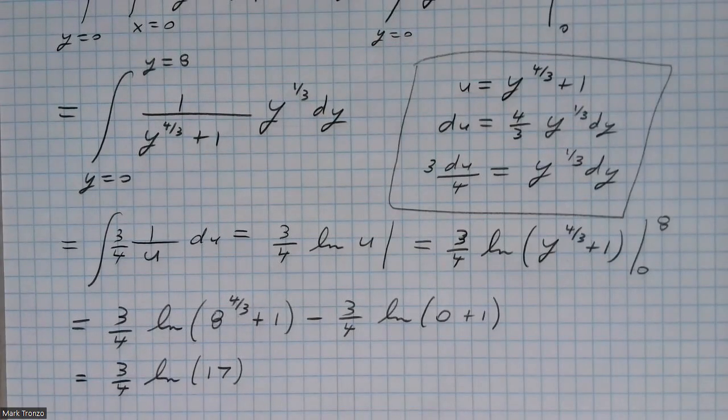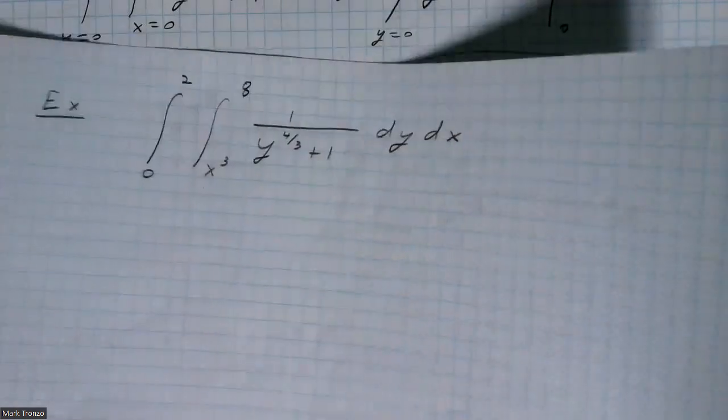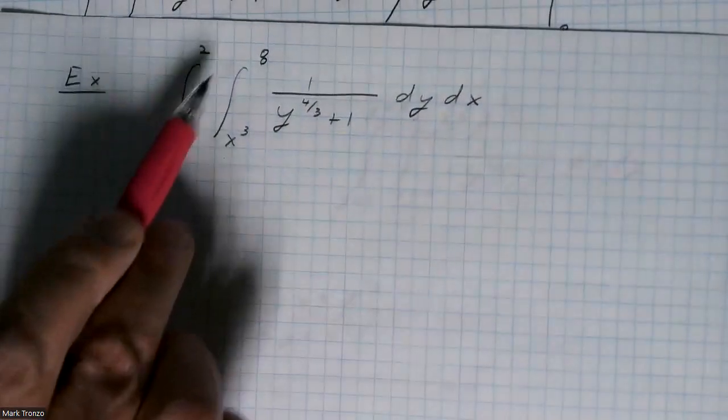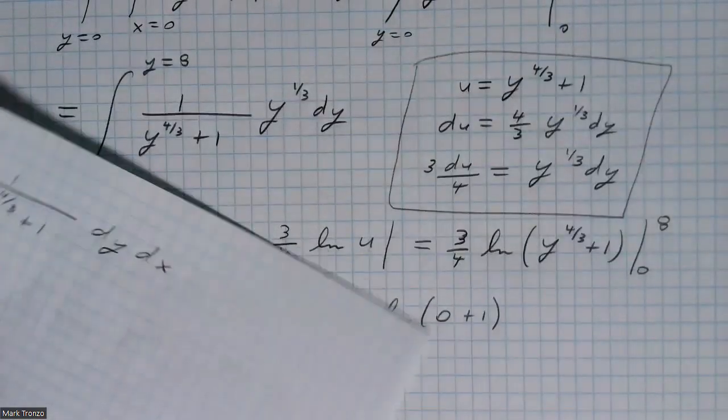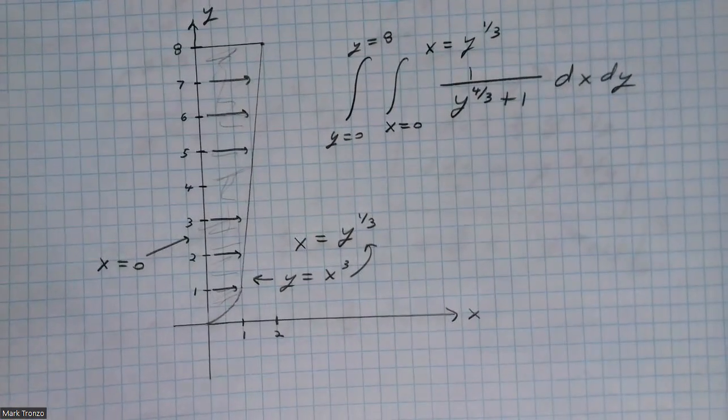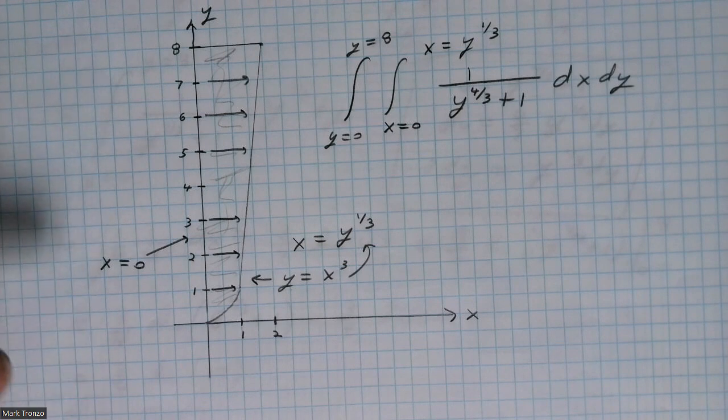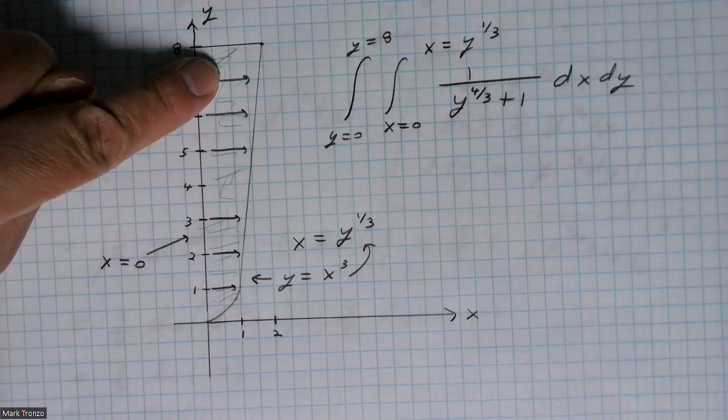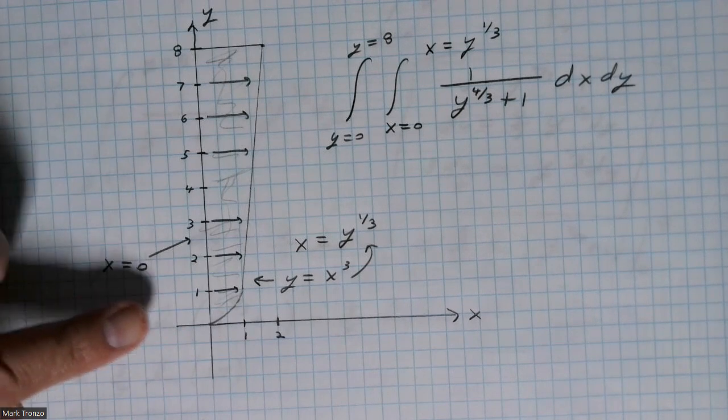And that's the way we always do these reverse order of integration problems. Be sure to figure out what your original domain is. Then change the order. So in this case, we were doing y first, so we're going to change it to x.